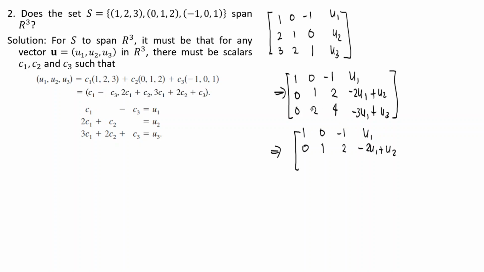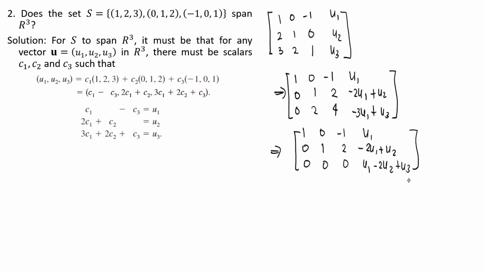So to make the 0, we can multiply row 2 by -2 and then add to row 3. So this 0, that is 0, and then again this is -2, so multiply by -2 plus this, so that's u sub 1, multiply that by -2 and then plus u sub 3.